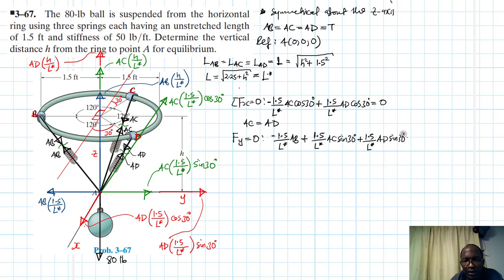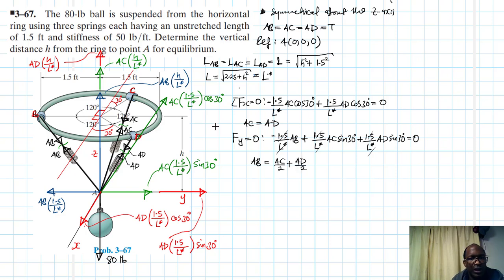Sine 30 equal to 0.5. So again, when we sum up all of these parts, we know that AB is just going to be equal to half AC plus half AD.